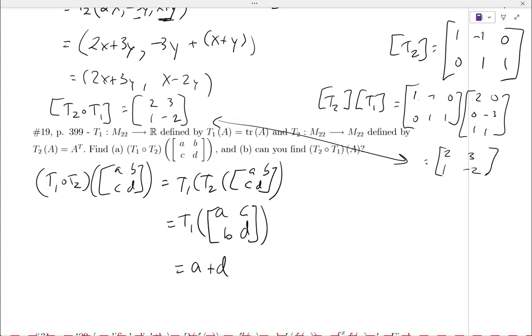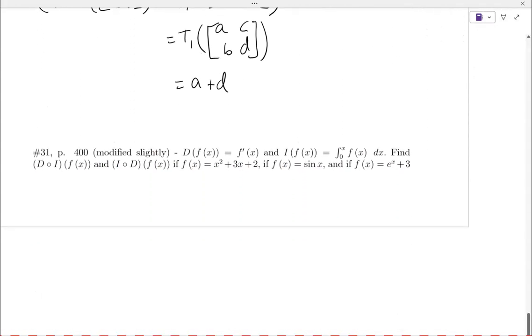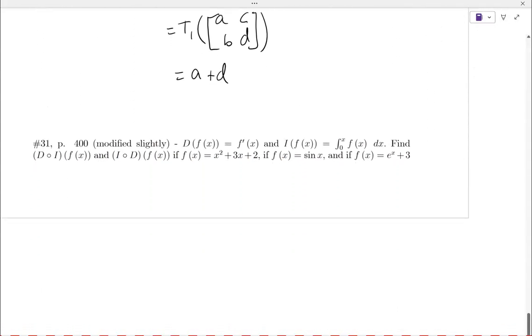Let's do one more example, and then we'll talk about some new stuff. Let's look at this last one here. Let's say we're on a function space where we can actually take derivatives. That'd be helpful. So we're going to use this D function as the derivative of f, the I function is the integral of f, but we're going to set the definite integral going from 0 up to x.